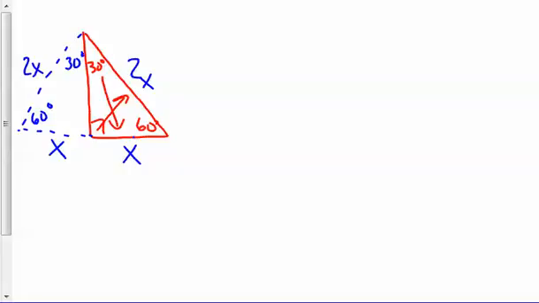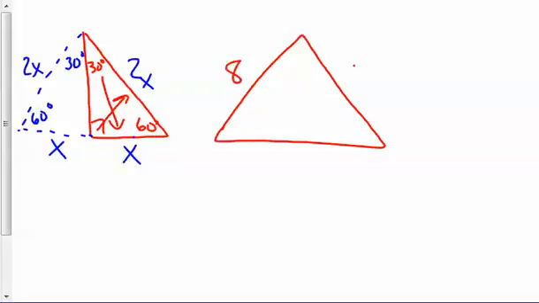All right, so let's take a look at this equilateral triangle, and let's say it's 8, 8, and 8. Well, let's drop an altitude there, cut it in half. That means this is 4 and 4. And so now we see that this has been cut in half also, 30, 30, 60, 60, right? So how long is this?